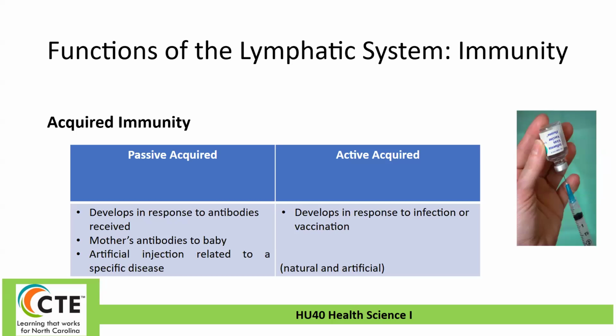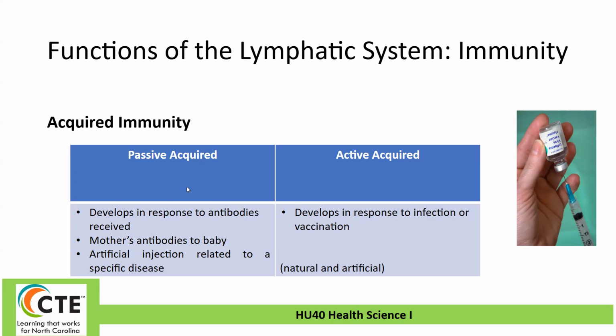So our passive acquired immunity is going to be a response to antibodies received. This is where you get shots when you're a baby that help with any future problems when it comes to bacteria. There are also a mother's antibodies to the baby. Whenever you give birth, sometimes when she breastfeeds, that breast milk is getting pumped into the baby, but it's also giving them the antibodies they need to fight off infections.